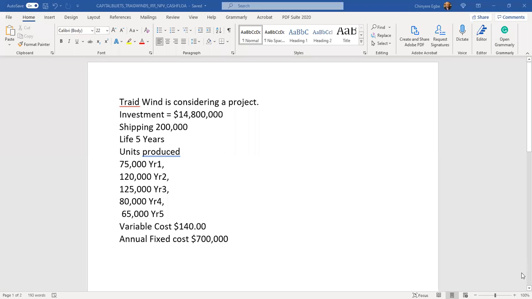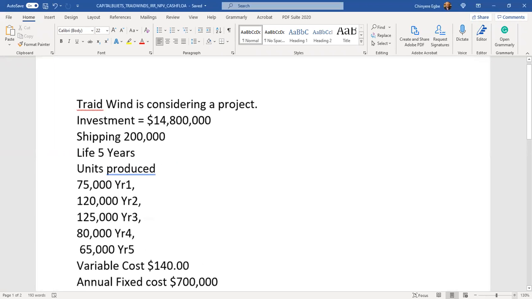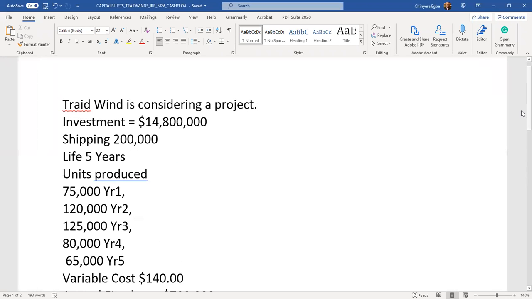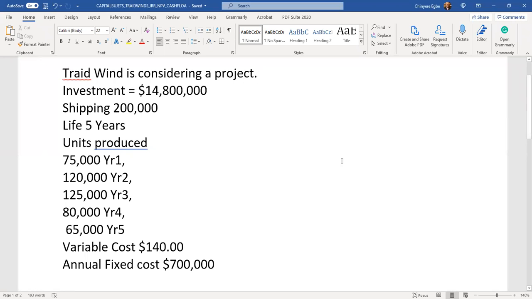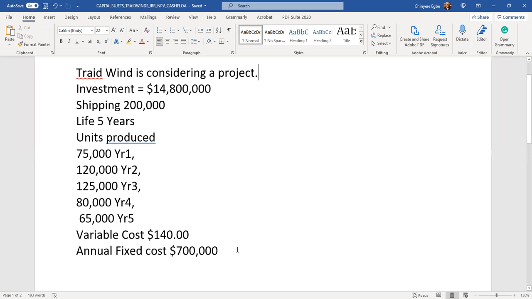Are you seeing my screen? Yes. Okay. Here is a company called TradeWind. TradeWind is considering a project. The initial investment is $14.8 million, and the shipping cost of the equipment is $200,000. The life of the project is 5 years.